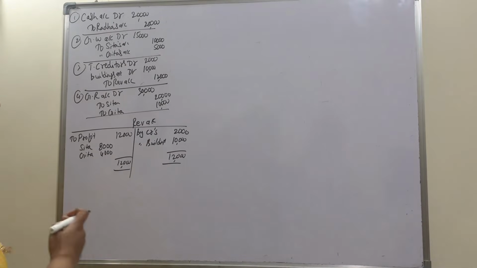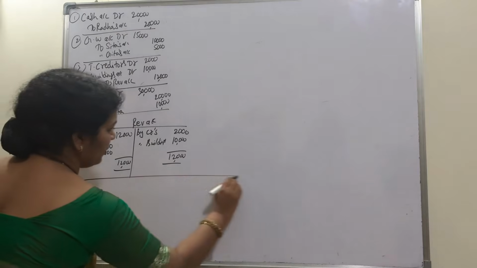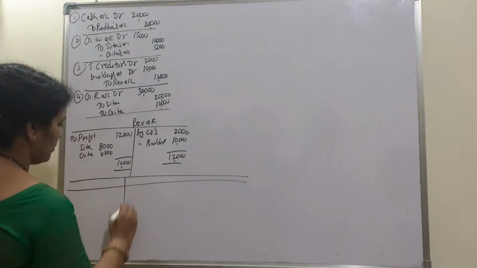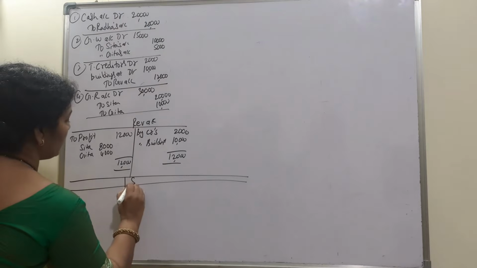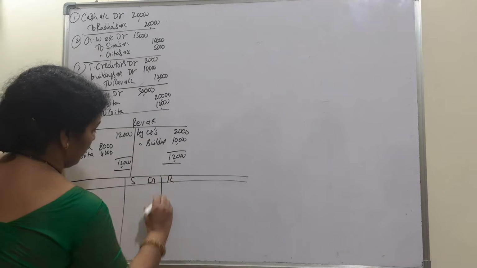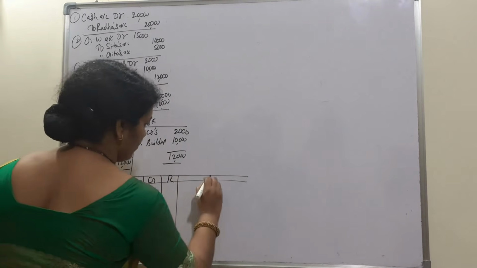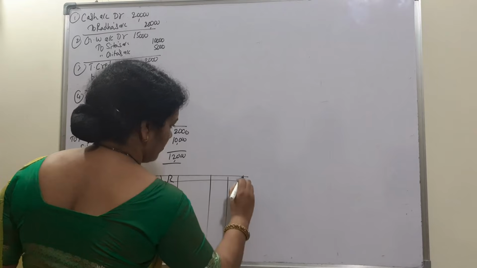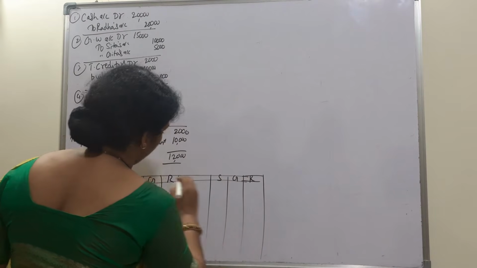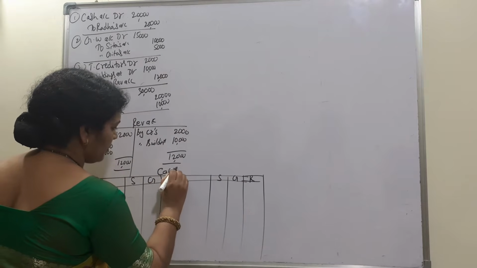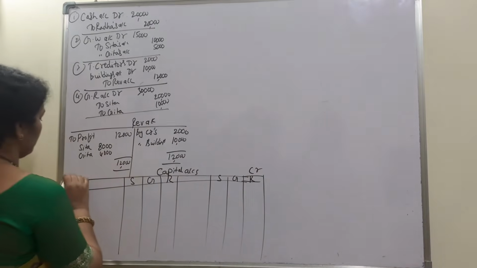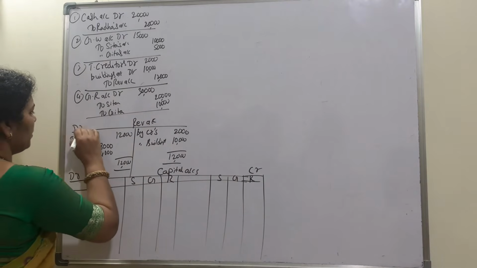So after the revaluation account we can go for opening the capital accounts of Sita, Geeta and Radha. Here also we have debit and credit.